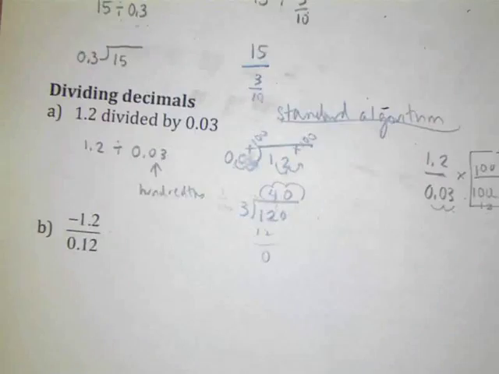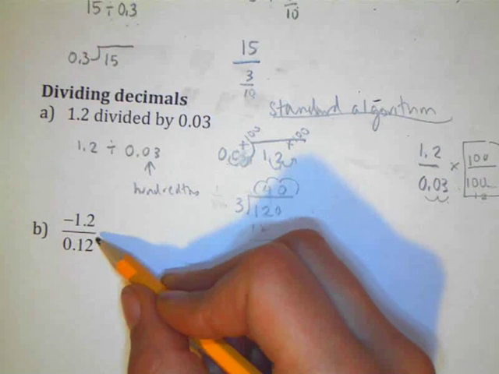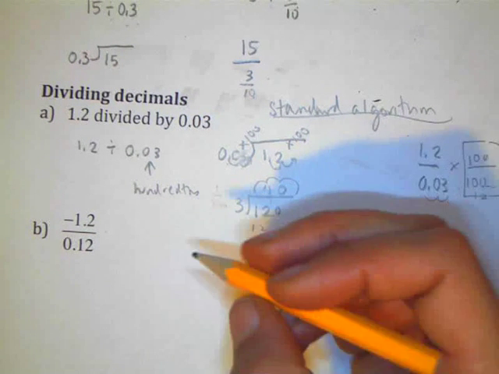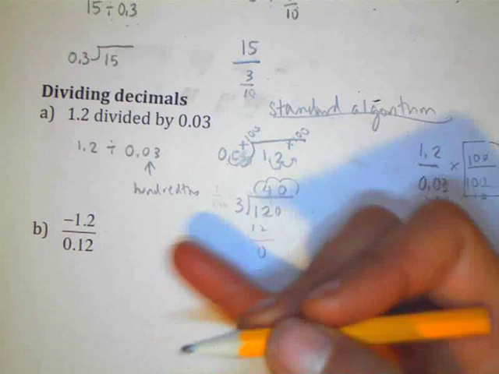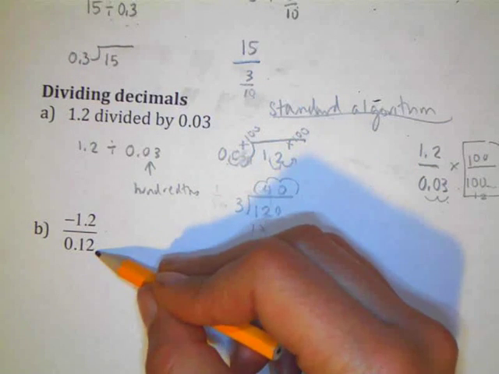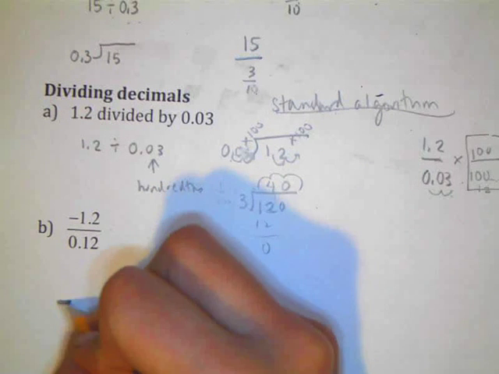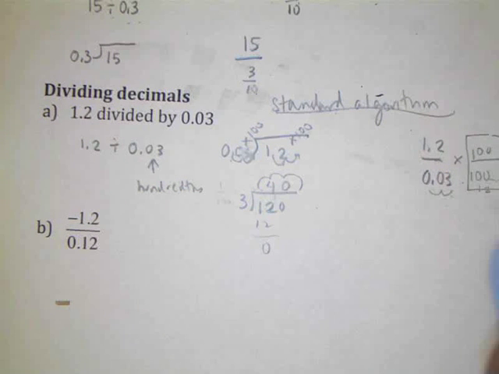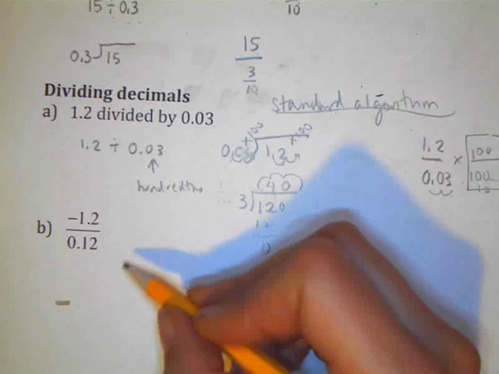Now look at this second problem here. Negative 1 and 2/10 divided by 12/100. What I like to do when I see problems like this is first ask myself, if it's a negative divided by a positive, I know that my final answer is going to be negative. So I write that ahead of time so that I don't forget it.